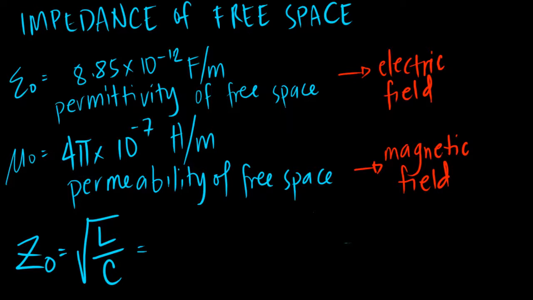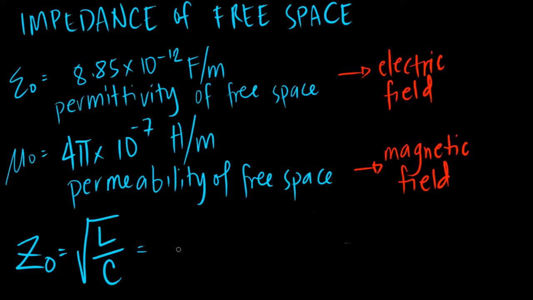One of the important mediums in broadcasting is free space. Now, what is the impedance of free space? We don't know the inductance and the capacitance of that, but we do know the permittivity and permeability of free space. Permittivity deals with the electric field.